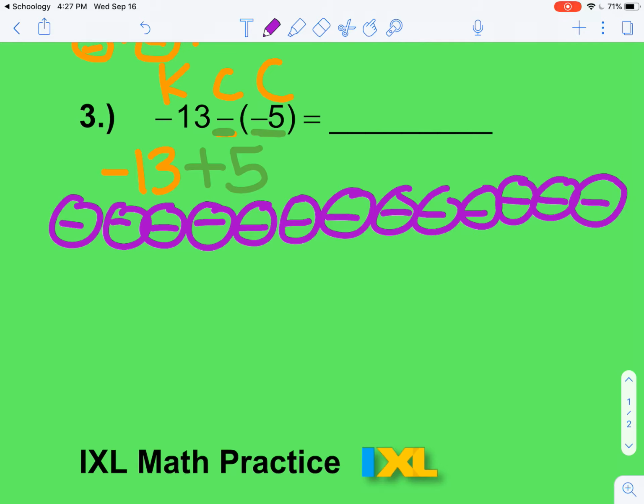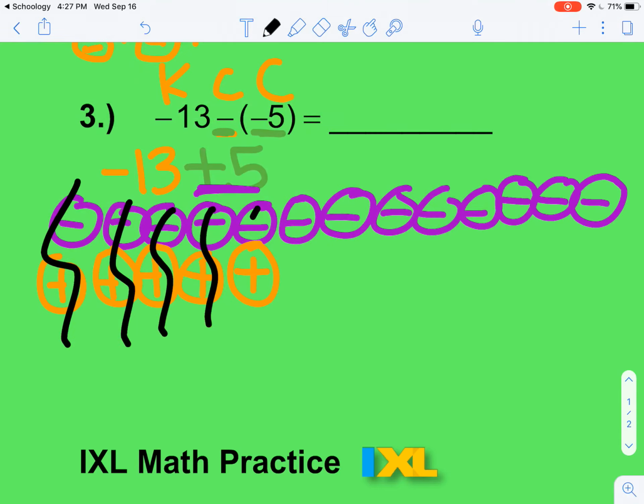And now I am going to add 5 plus signs. 1, 2. Alright, let's find our 0 pairs and cross them out. Those ones cross out. So what am I left with? I have 8 negative signs. So my answer then is negative 8.